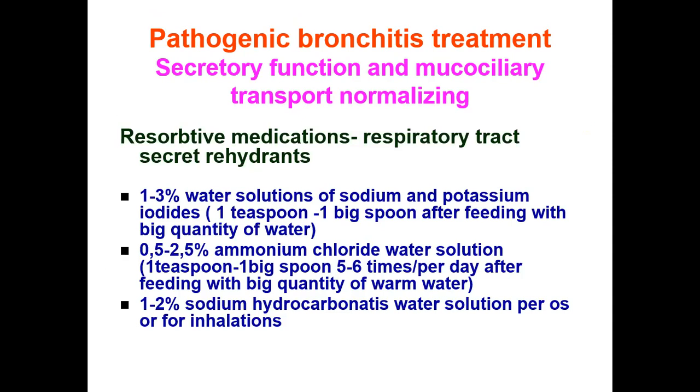Resorptive medications, respiratory tract secret rehydrants: 1-3% water solutions of sodium and potassium iodides, 0.5 to 2.5% ammonium chloride water solution, 1-2% sodium hydrocarbonate water solution per os or for inhalation.